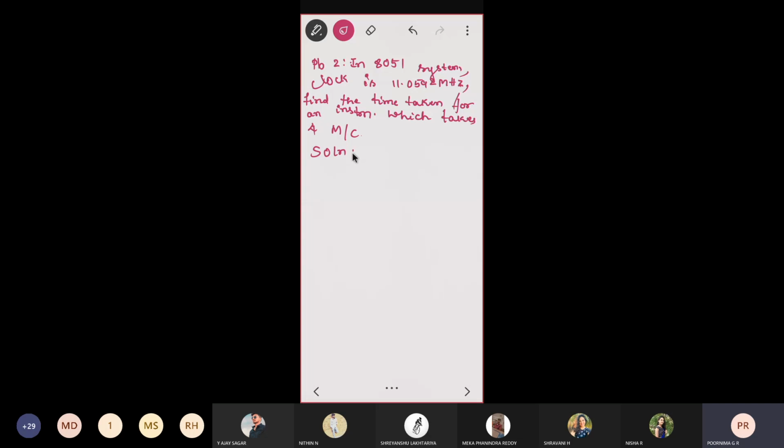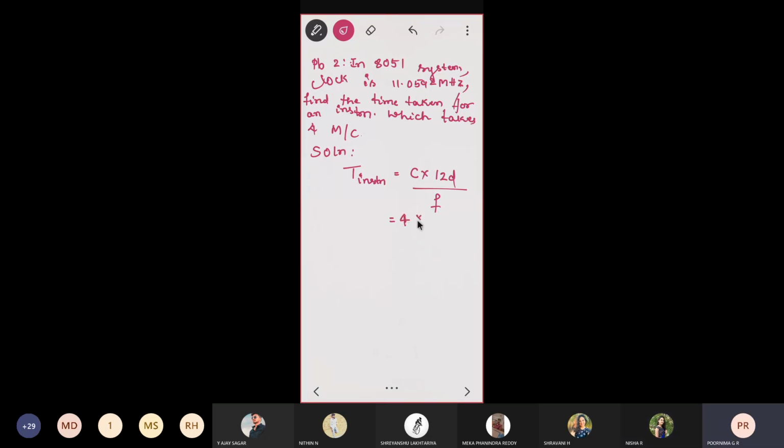Now you can directly make use of the formula. T instruction is equal to C into 12D divided by F. C represents machine cycles. How many machine cycles? 4.